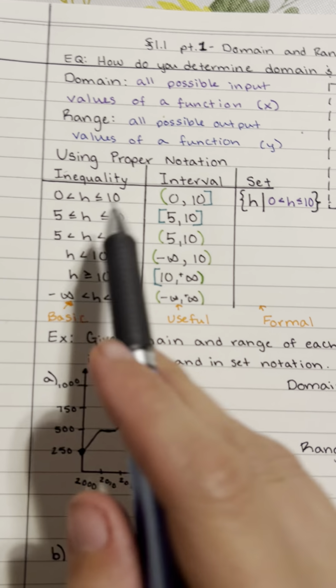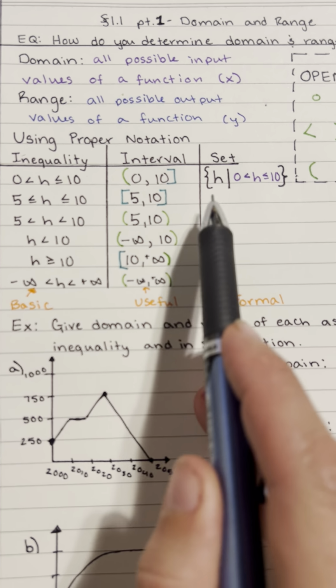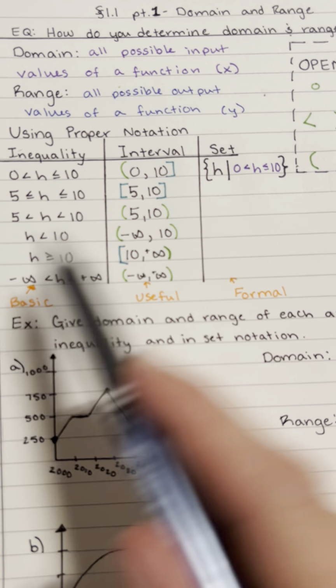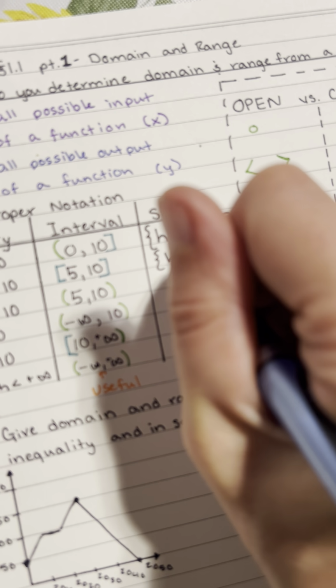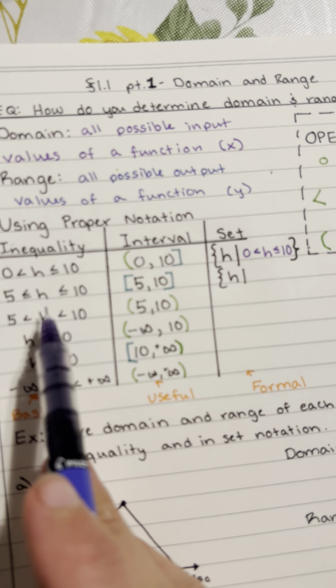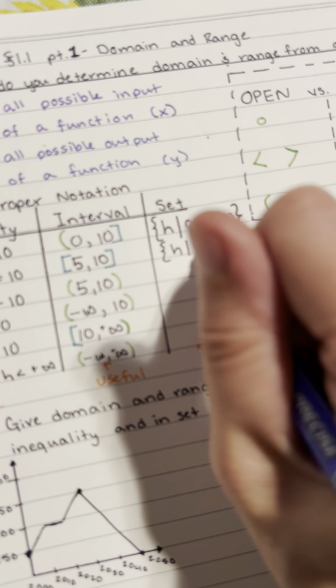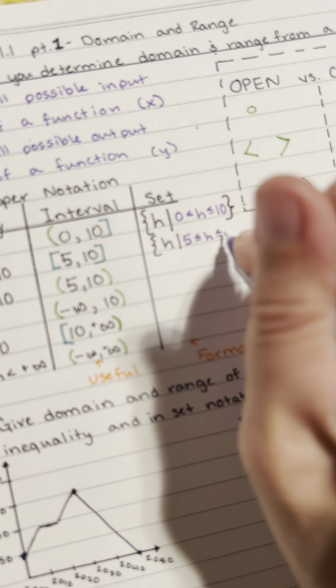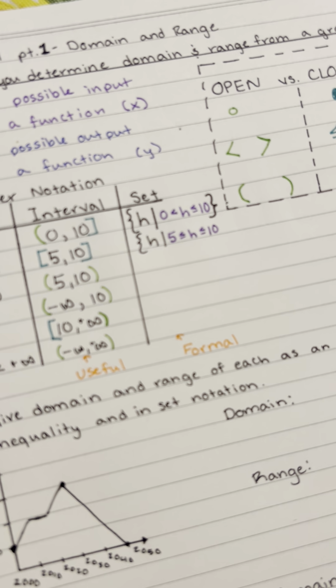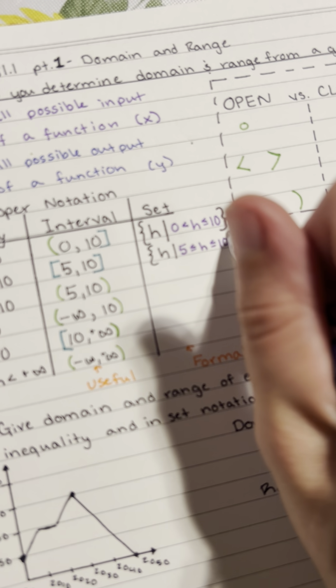Again, it just has the variable that we're talking about on the outside, the line, copy and paste the inequality. So let's do this one again. h such that, and then we're going to copy and paste the 5 is less than or equal to h is less than or equal to 10. And enclose it with the fancy bracket.